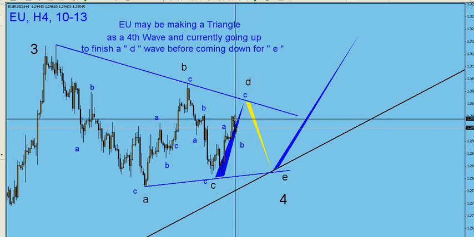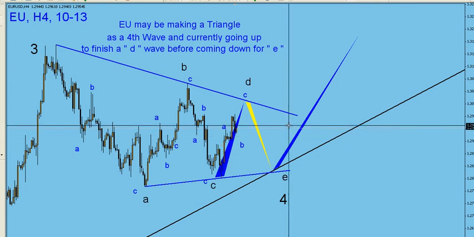The only thing that we have against to the downside is the Elliott wave count. If we are making 1, 2 and then 1, 2, 3 and then 4 and then 5, to the downside, this area 129 is very important. If we dip below that, then we might be going down, so we will watch that very closely.